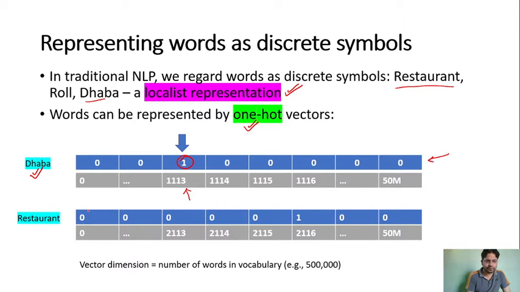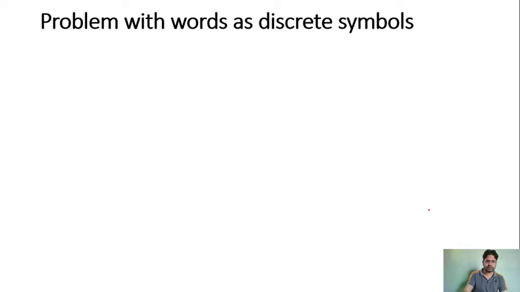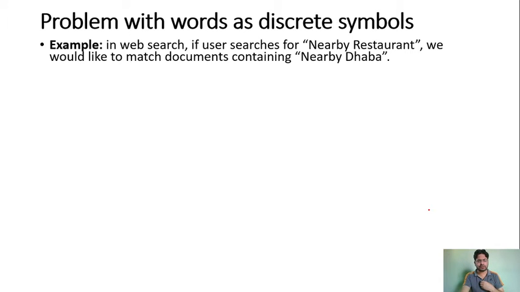Similarly, if you want to represent restaurant, then whatever the location of restaurant is, that will be 1, and the rest will all be 0. In that way you can represent a word as a discrete symbol. This is known as one hot vector representation. Now what are the challenges in this representation? First of all, suppose we want to search for a nearby restaurant.